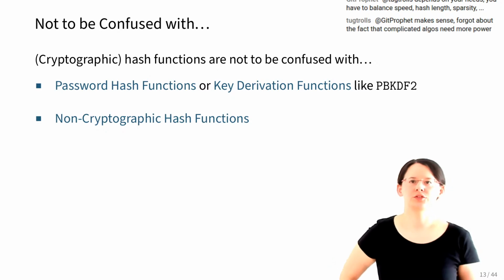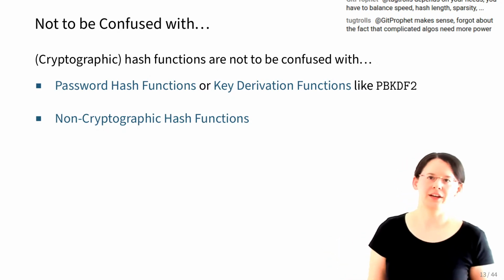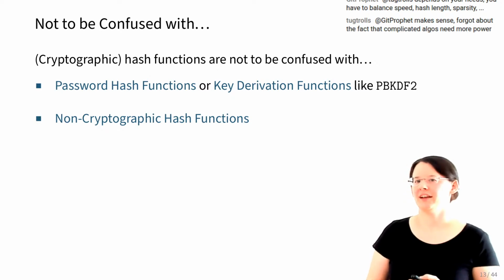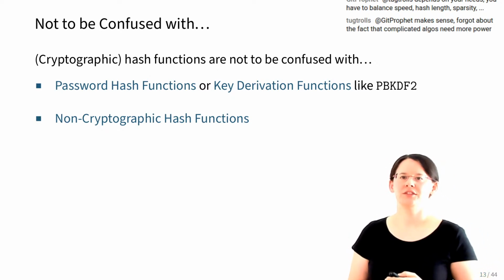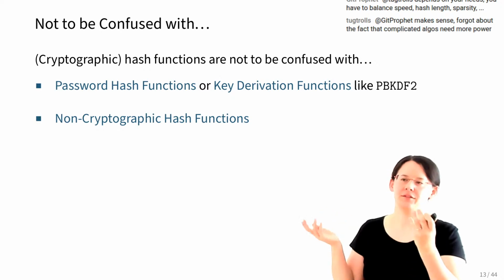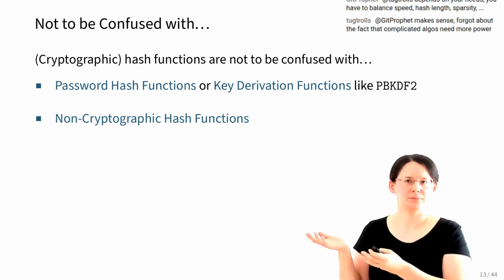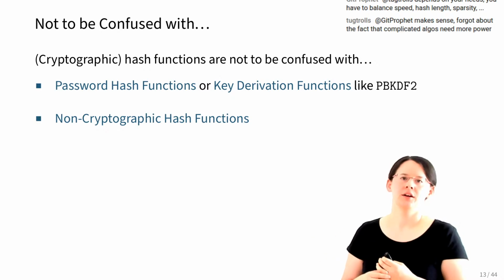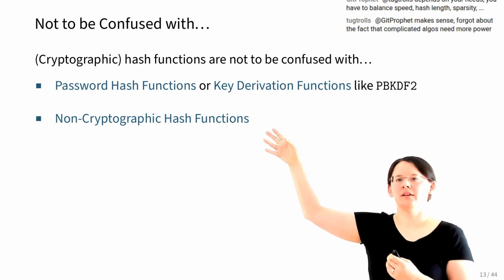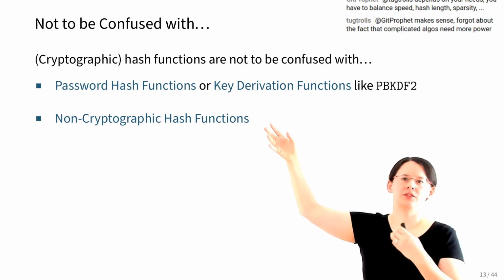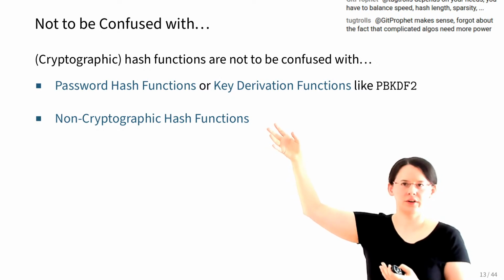Another type that you should not confuse it with is non-cryptographic hash functions. These are hash functions that are, for example, used in a hash table, where you simply want to compress some data you have to some value which doesn't have to satisfy any particular security properties. It just should be reasonably uniformly distributed. So for example, you do this when you want to store your data in a hash table, which means you need to compute some index for it.